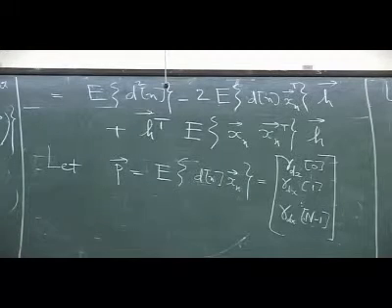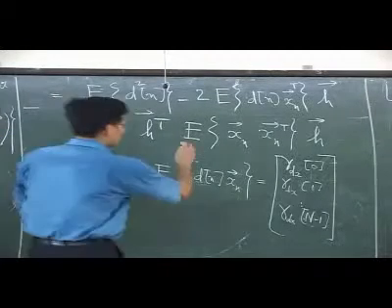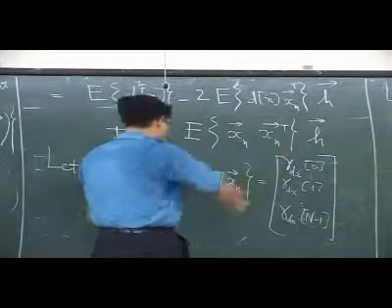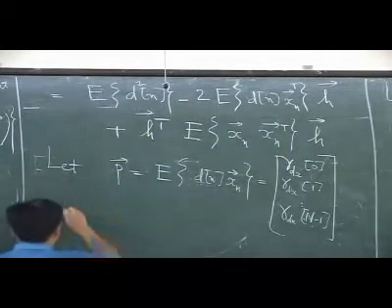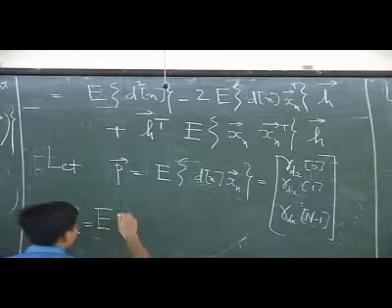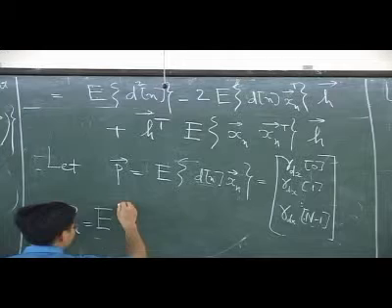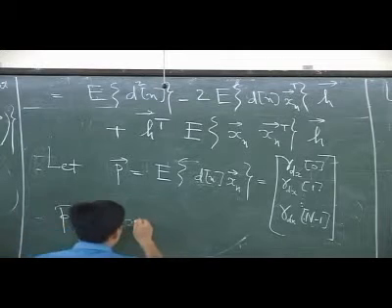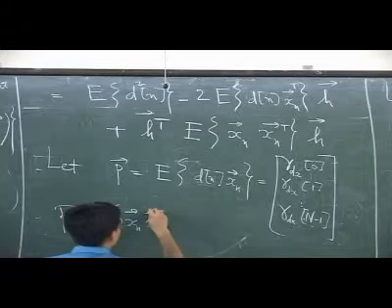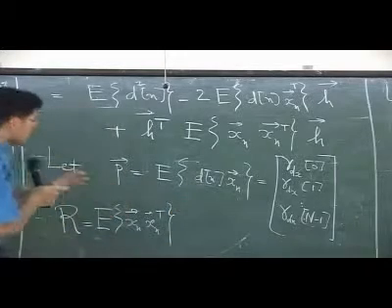Alright, so we assume these two things are known. And now, this whole thing here, I let it be a matrix. R is equal to the expectation of x(n) x(n) transpose.